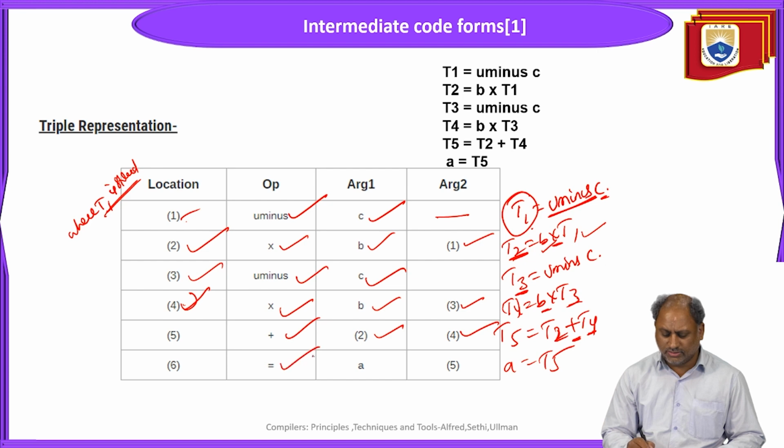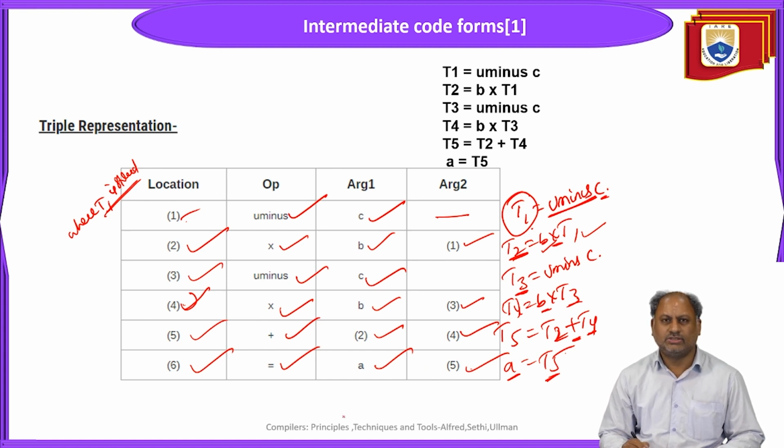So here assignment and then A. What is A? It is argument 1 and there is no argument 2, and the reference is stored in another reference. So here T5 is a reference. T5 is a reference, so that is to be written and that is stored in one more reference, 6. So the previous reference 5 is considered and then it is stored in 6.